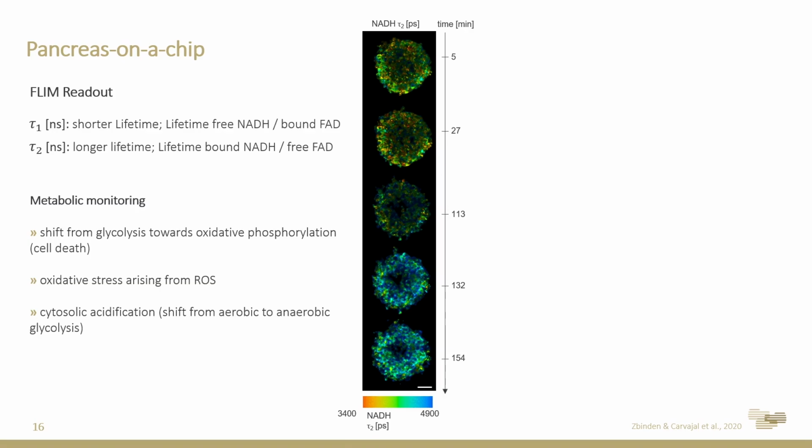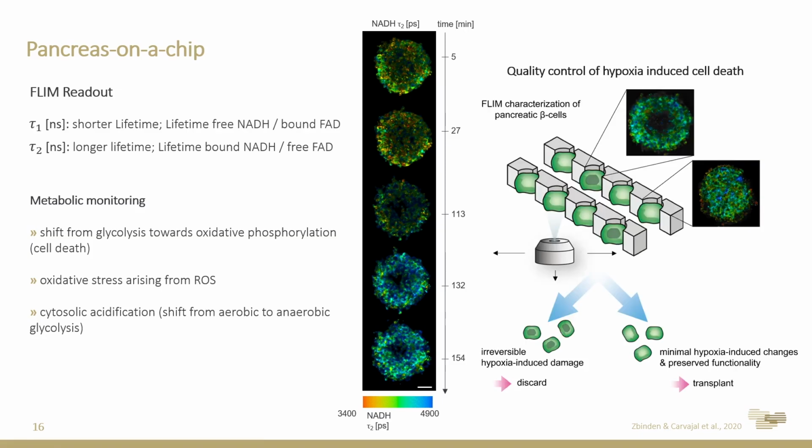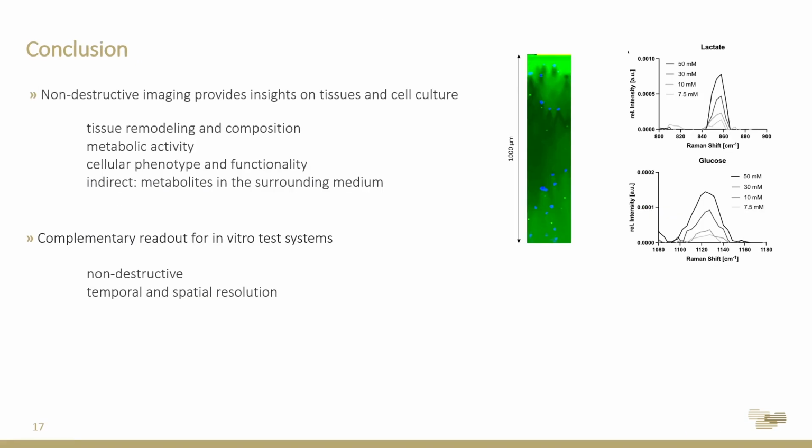Also here we looked at the ratio between long NADPH lifetimes and short NADPH lifetimes, which gives us an idea of the ratio between glycolysis versus oxidative phosphorylation in the chip, and could in the future serve as a readout for quality control of these spheroids without destroying them. So you could directly sort them to use the ones that show good properties for implantation, and the other ones could be discarded.